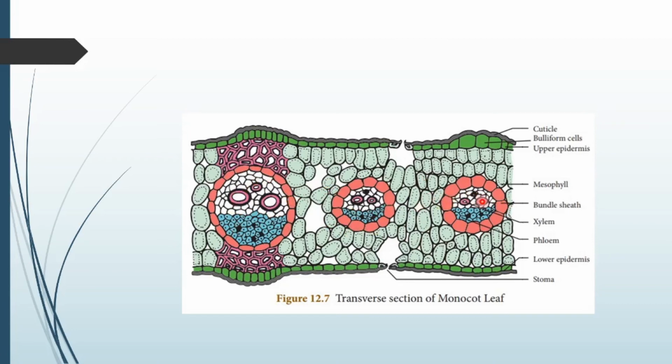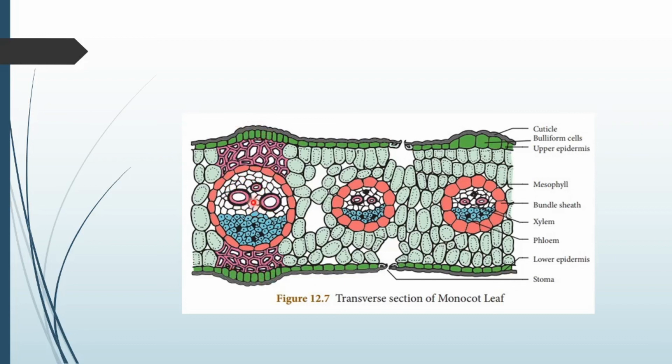These are small bundles and this one is a large bundle, and each bundle is surrounded by a parenchymatous bundle sheath, this pink colored one. This large bundle in turn is extended to the epidermis with the help of sclerenchymatous patches, and these patches are called bundle sheath extensions, which give mechanical support to the leaf.